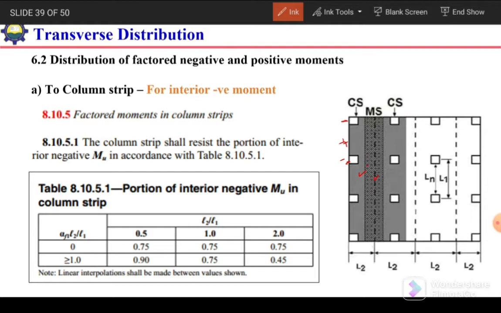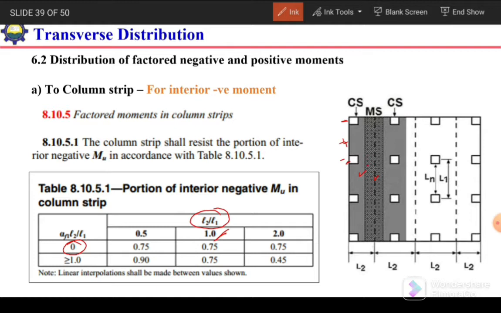So if alpha f L2 over L1 is 0, it means the stiffness ratio of the beam is 0. No beam exists. And the aspect ratio of the slab panel is, for example, 1. The panel is square.